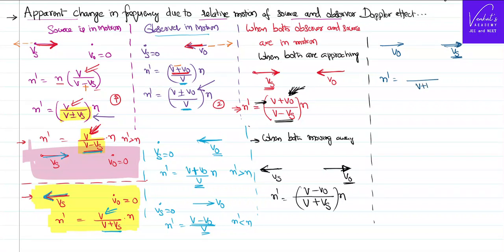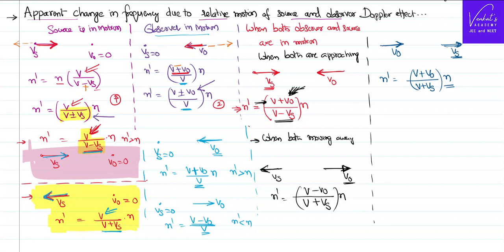That is in the denominator, so the denominator has to be more: V plus Vs. Look at the observer: it is approaching, so the apparent frequency increases because of the observer motion. For it to increase, it has to be plus in the numerator of N. Like that, for any case, you can write the Doppler effect.